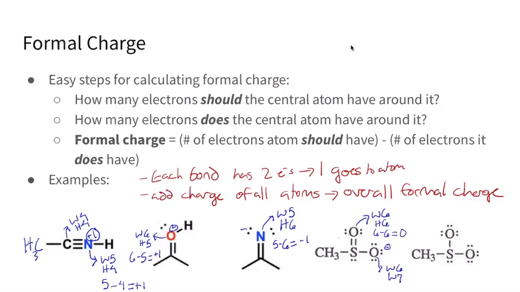And now let's look at a sulfur. Sulfur, if you look on the periodic table, is in the same column as oxygen. So it wants to have 6 electrons. If we count how many it does have, 1, 2, 3, 4, 5, 6. So the sulfur, just like this oxygen up here, has the same amount of electrons as it wants to have. So its formal charge is 0.